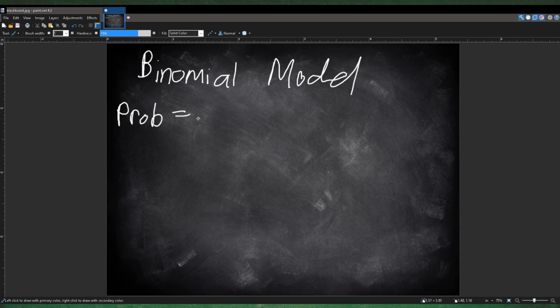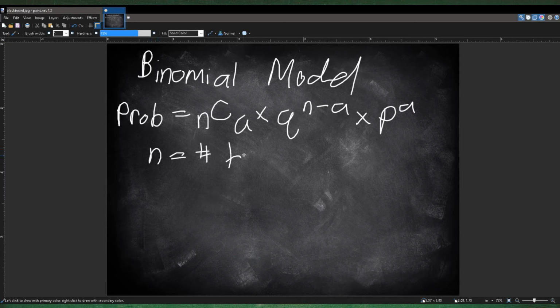It will be n combinations of a, times q to the power of n minus a, times p to the power of a, where n is equal to the amount of trials and a is equal to the number you want.